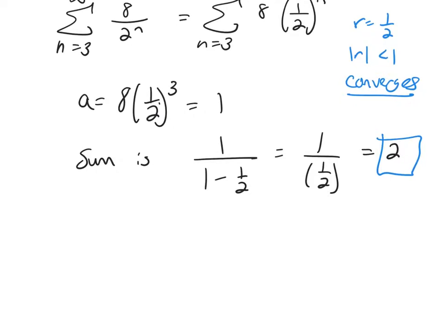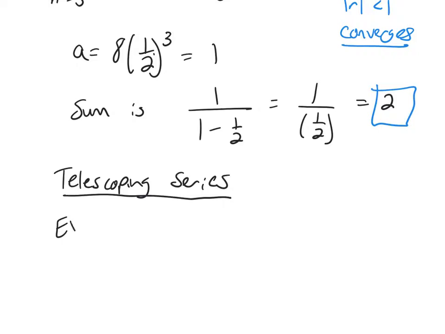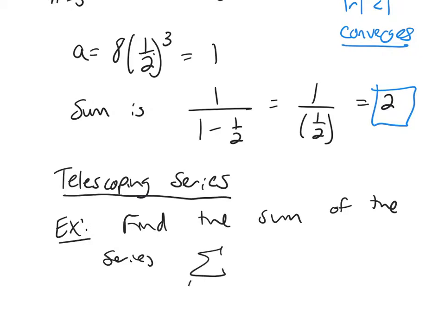We're going to look at one final series problem, telescoping series. Let's look at the following example. Let's find the sum of the series, n equals 1 to infinity, 1 over n times (n plus 1).